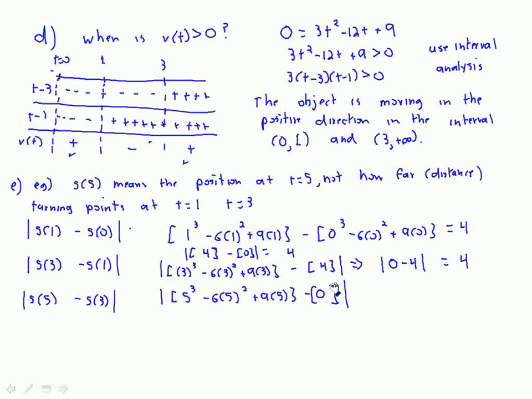So 5 cubed minus 6 times 5 squared, and we should get absolute value of 20 minus 0. So that is just equal to 20. So the only interval that required us to actually deal with the absolute value was the middle one. So add them together. 4 plus 4 plus 20 is equal to 28 meters.